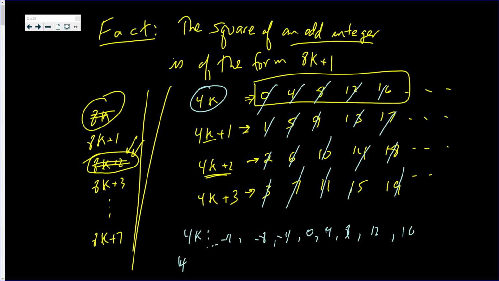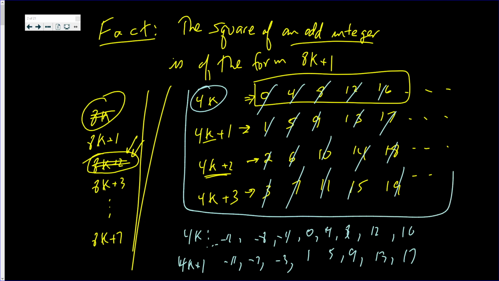Now, if I add 1 to each of those numbers, I'll have 1 and 5 and 9 and 13 and 17 and negative 3 and negative 7 and negative 11. And if I add 1 more, I'd have 4k plus 2. In fact, I would then get all integers. Every integer can be written in one of these 4 forms.